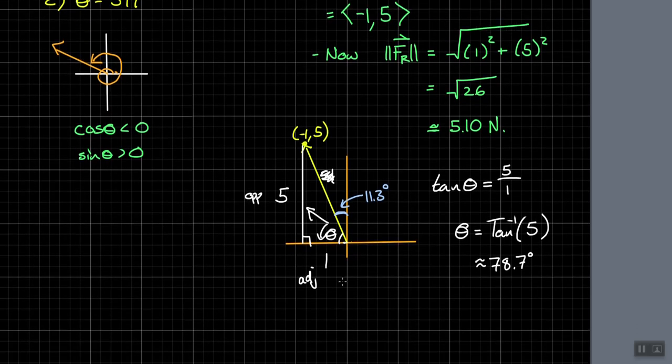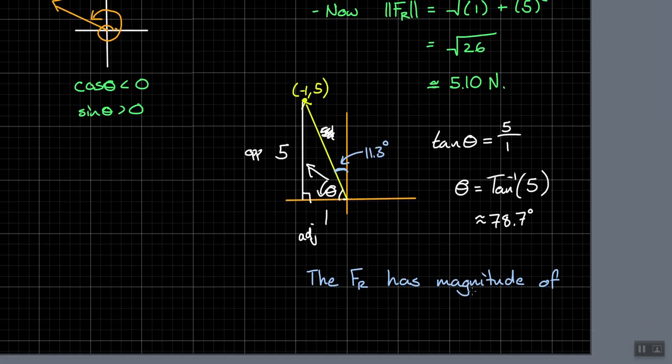So here we go. I have broken this up, and I've just kept adding a little more at a time. The resultant force, and I'm just going to write F sub r, has a magnitude. What was the length or the magnitude of that force? Hey, good.